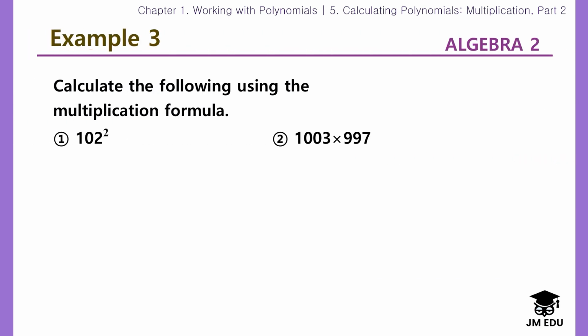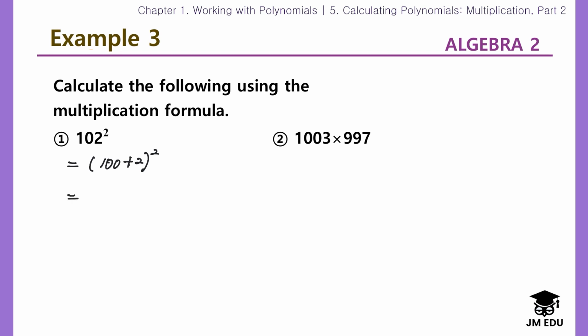Okay, let's try example 3. The question is to calculate the following using the multiplication formula. Number 1, we have 102 squared. That's actually equal to, in binomial, (100 plus 2) squared, right?